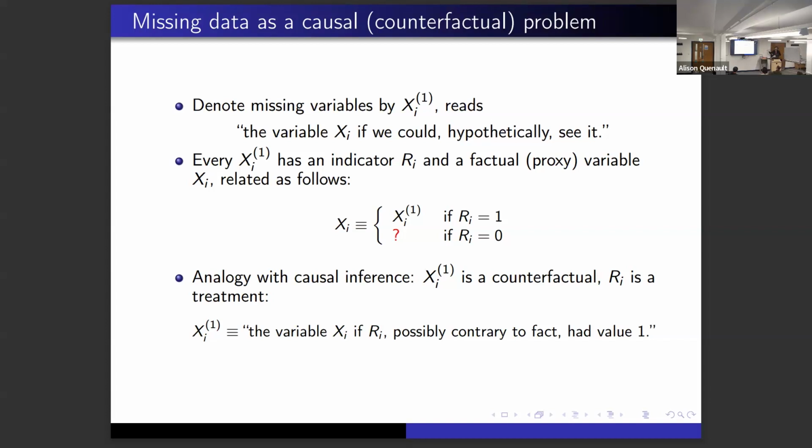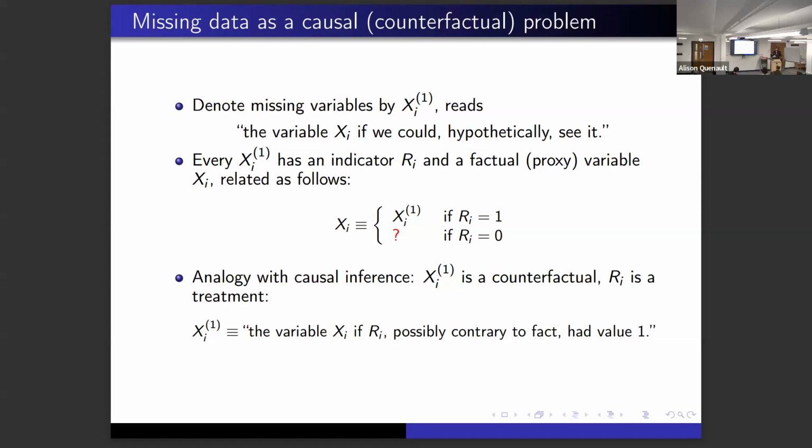It's like one-sided. Y(0) is question mark. Y(0) is not interesting. Okay. So the observability indicator either selects Y(1) to become observed, or it selects question mark to become observed. But it's basically just a consistency property.